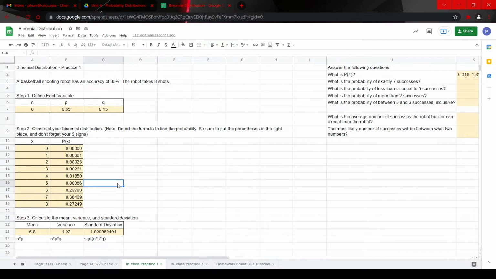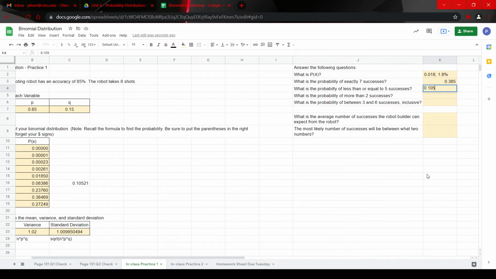I can add these up manually using a calculator, or I can do sum of, and then click and drag this whole set, everything from 0 to 5. That will give me about 10.5%. Again, I'll answer in decimal, 0.105.